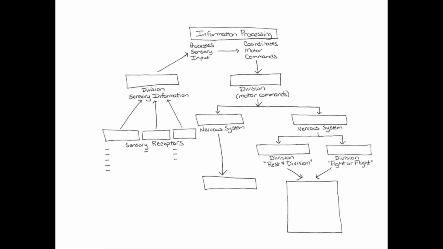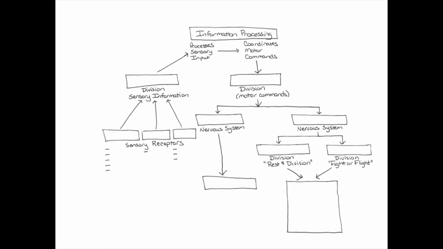And now the brain is going to put out a command, right? So it coordinates a motor command, and that motor command is going to go down through the efferent division. Efferent. So only motor commands go down through the efferent division. That's a command going out to something in your body, right?